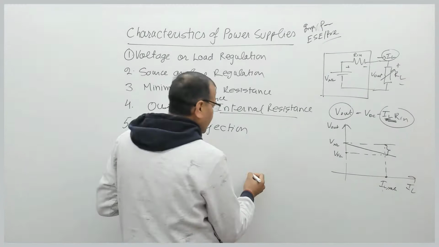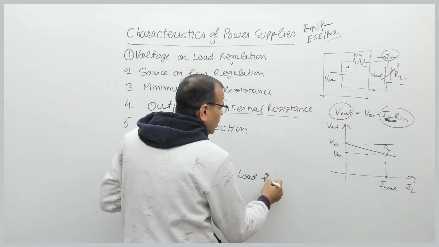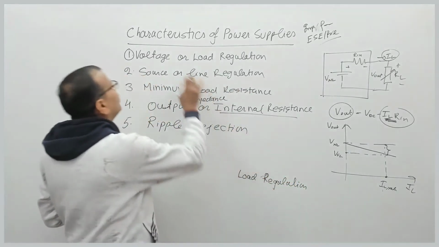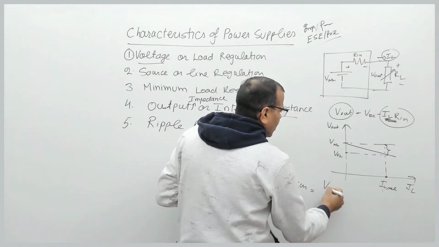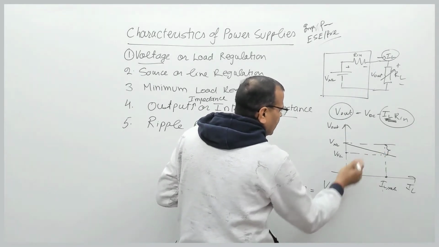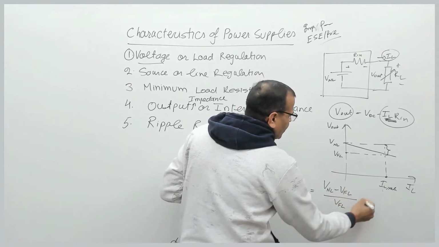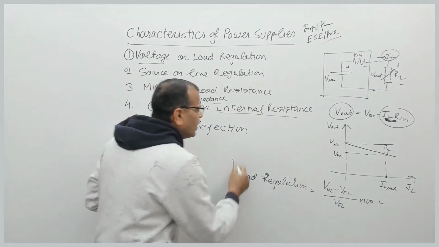What I mean to say is, the load regulation of a power supply, which is sometimes called voltage regulation, is defined as no load voltage minus full load voltage divided by full load voltage multiplied by 100, that is in percent. This is known as load regulation.